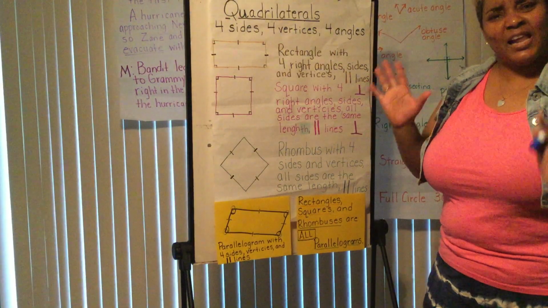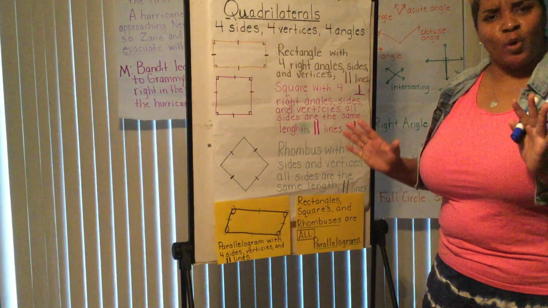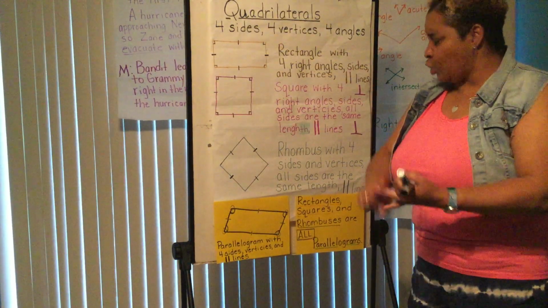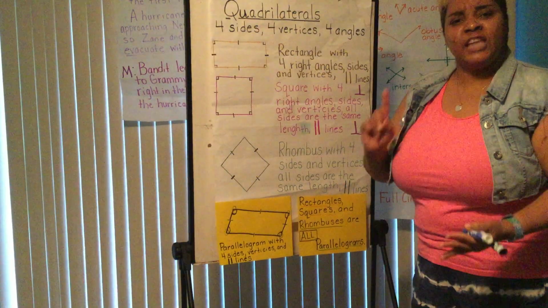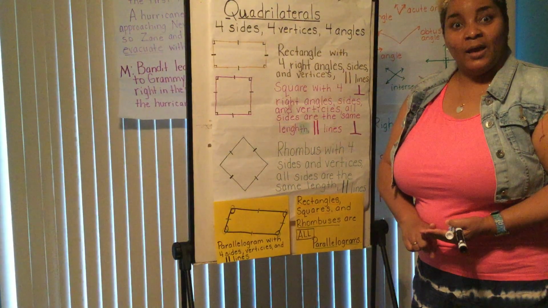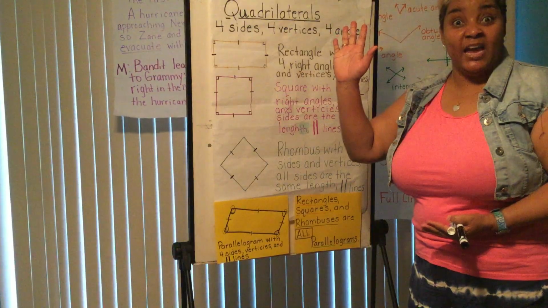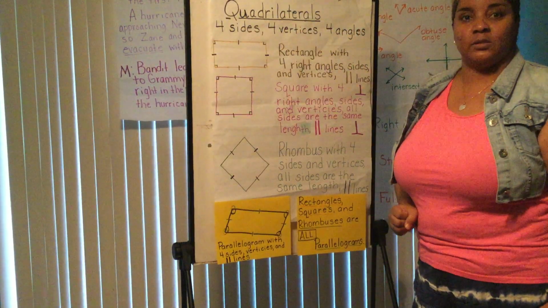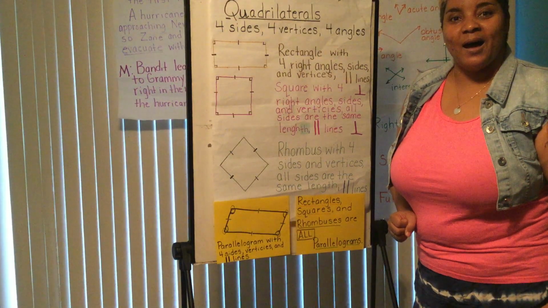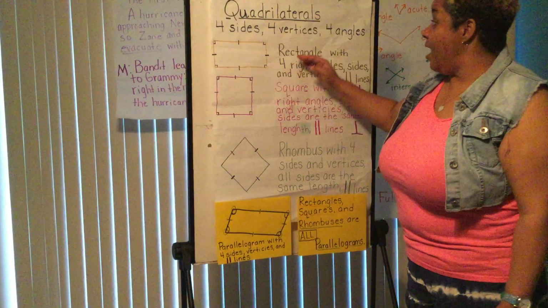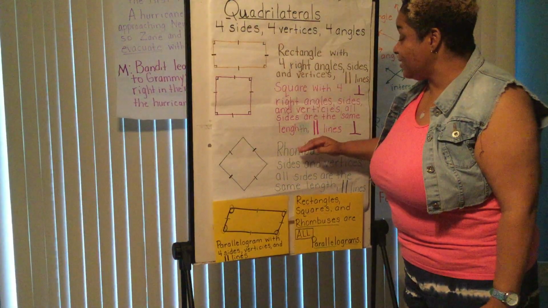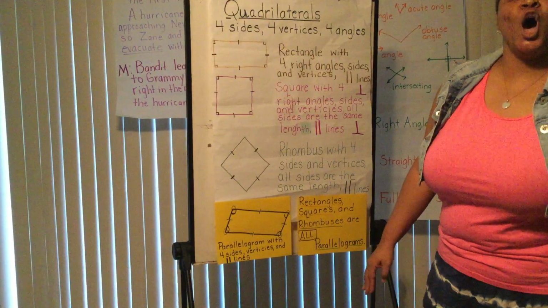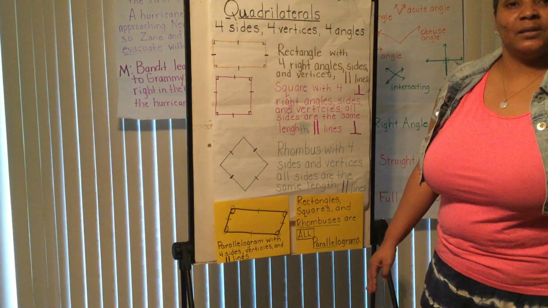So if I was trying to classify these things, and I said, tell me about a rectangle, a square, a rhombus, a parallelogram, I'm going to say, oh, Miss Haynes, they're all quadrilaterals. 4 sides, 4 vertices, 4 angles. But a square, rhombus, and a rectangle are also parallelograms.